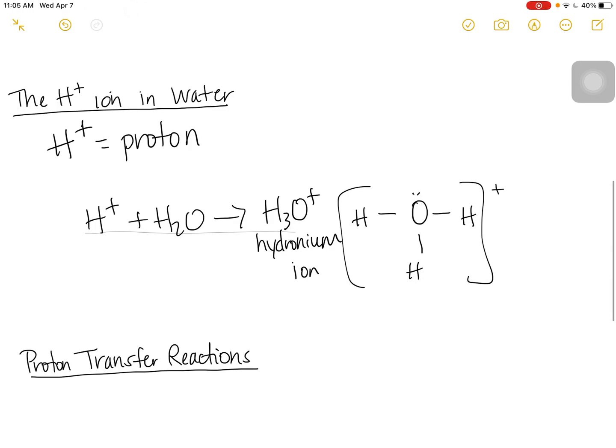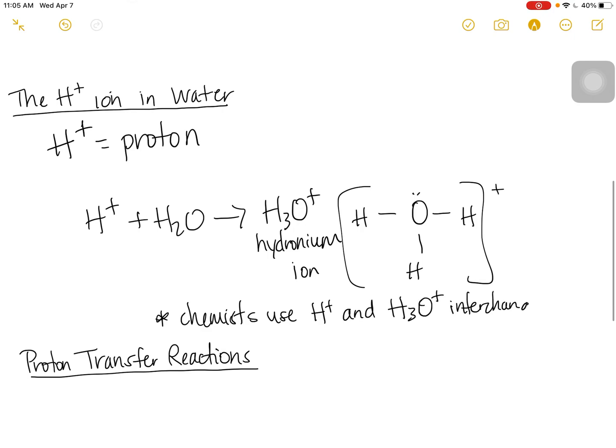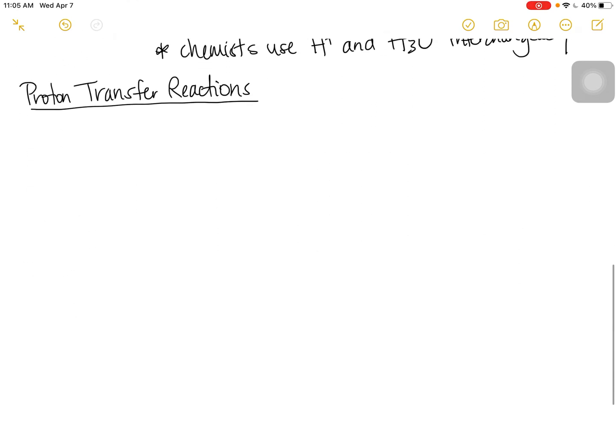And it's important also to know that chemists use H plus and H3O plus kind of interchangeably, because chemically speaking, they behave the same way. And so H plus and H3O plus are kind of a chemist's version of synonym, so to speak.